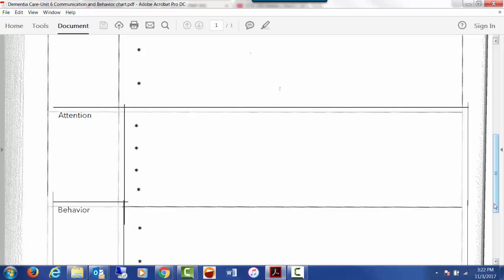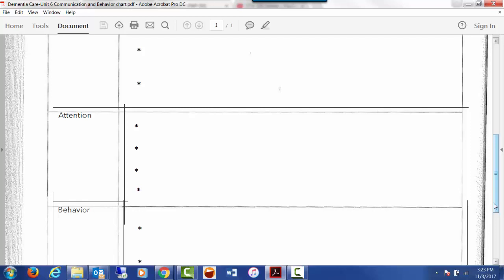The next approach is be sure to gain and maintain the person's attention before proceeding. And the last approach to help with attention problems is to eliminate all unnecessary stimulation and distractions.